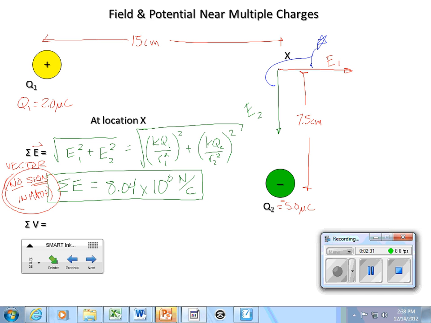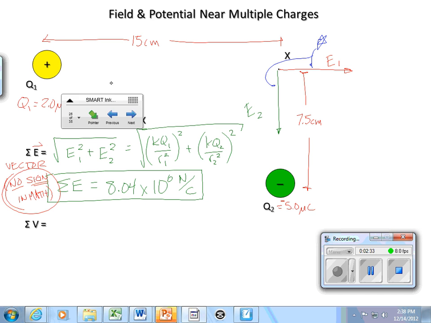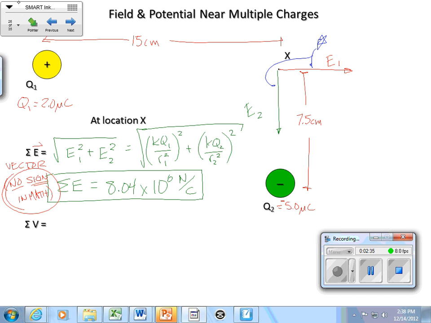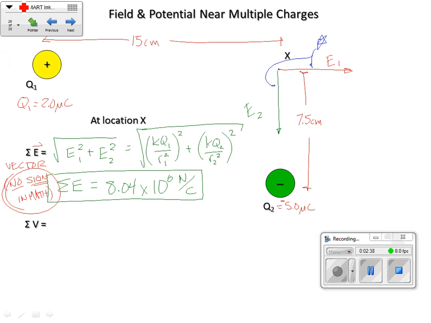Now, net potential. Potential is a scalar, so we just add them up. But here, we have to use the sign.